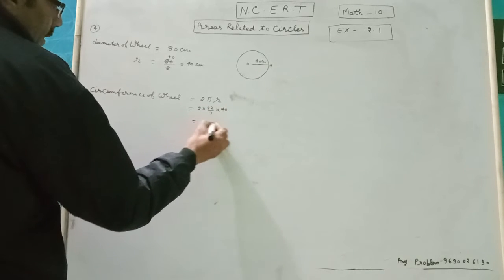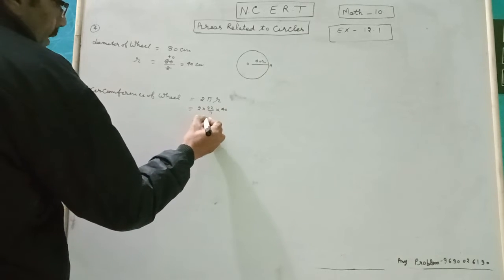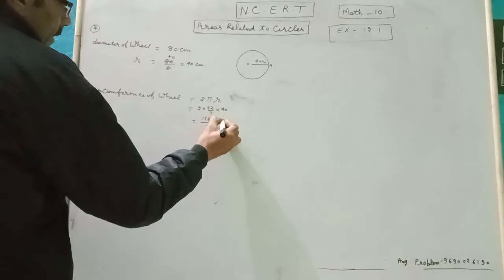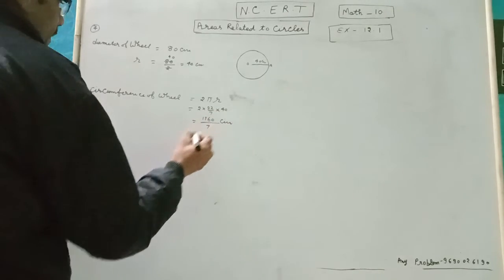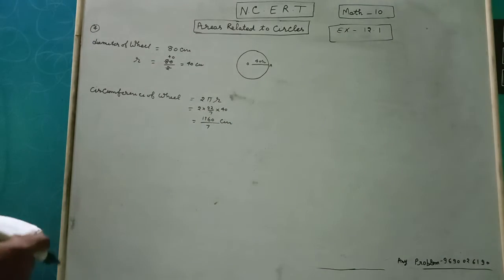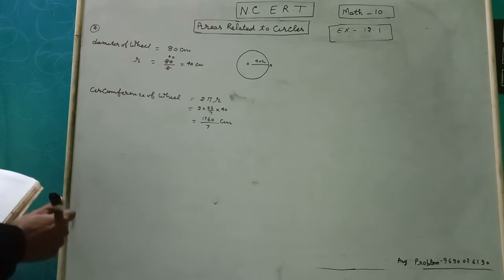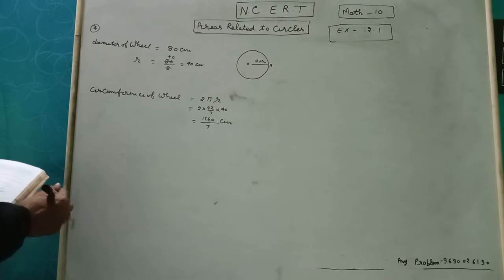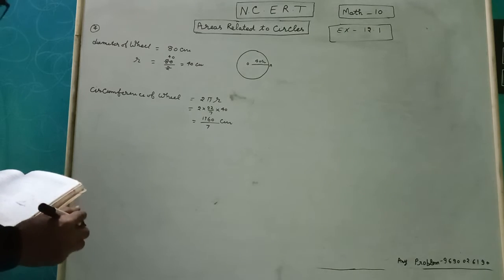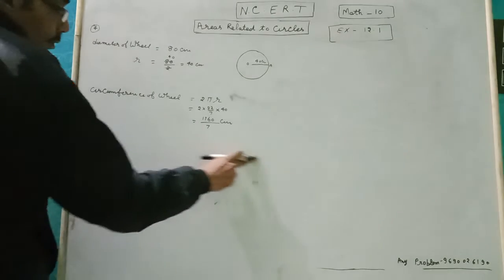After multiplying, 176 cm is the circumference. We find the circumference of the wheel, which is one revolution or one round of the wheel.